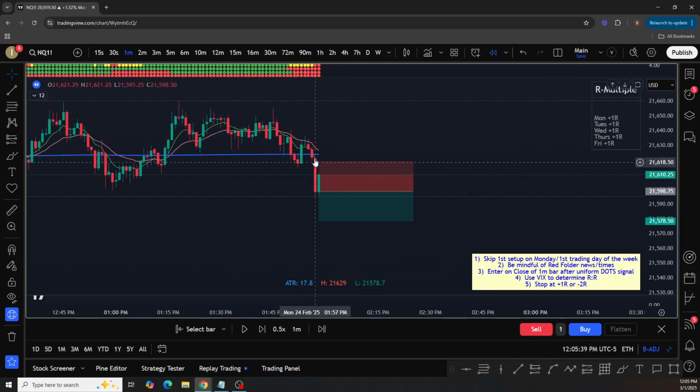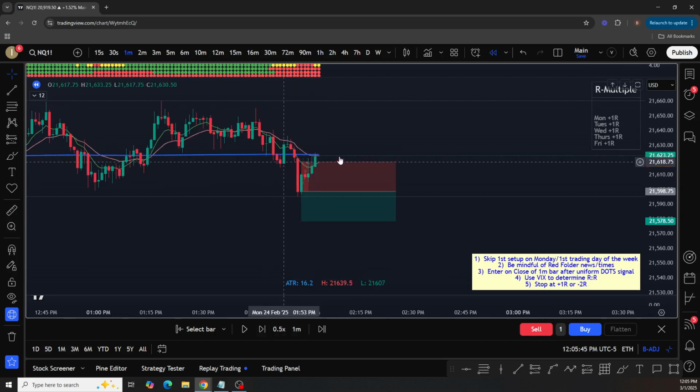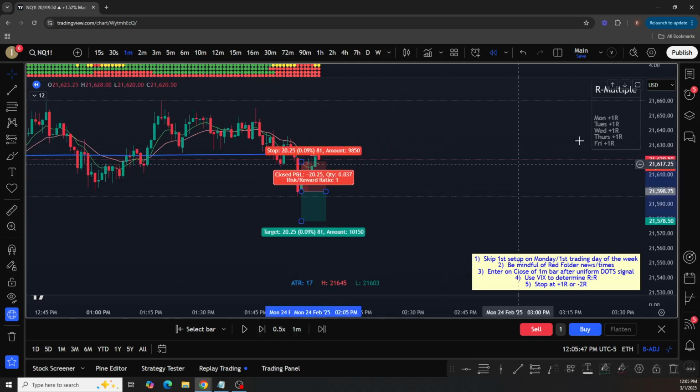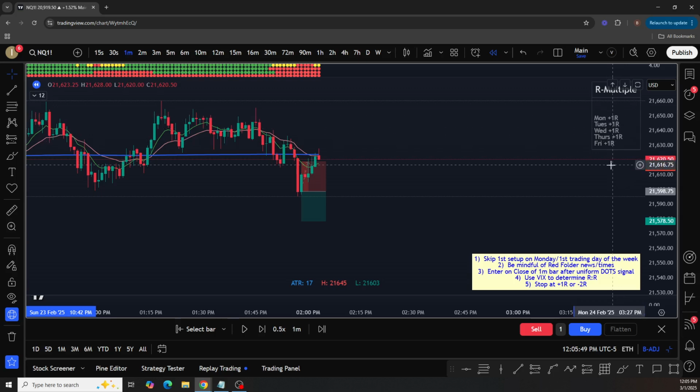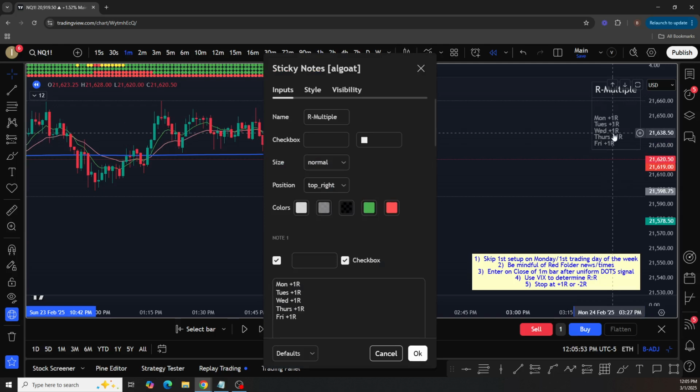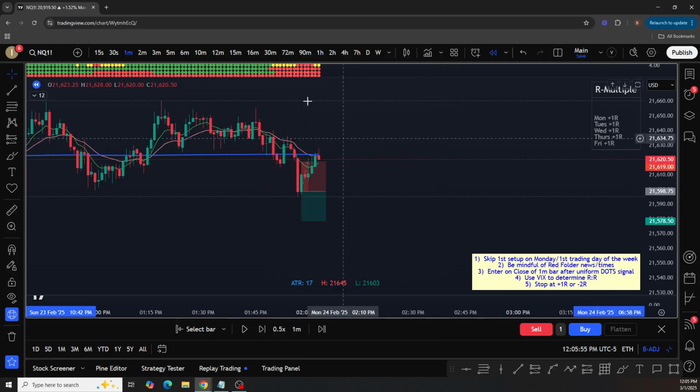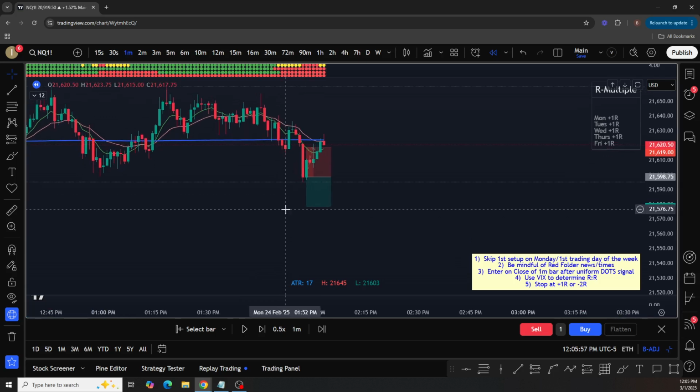So it's past 1:30. There's a new column of uniform red dots. And yeah, here we go, our first stop out. This is like a month later, but you get the idea. So minus 1R.